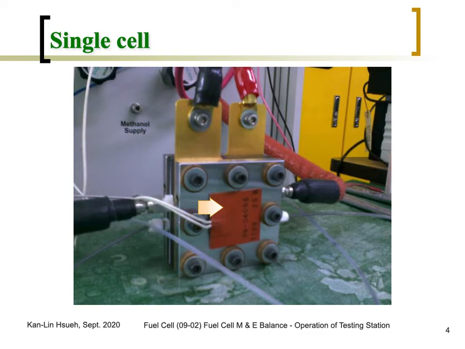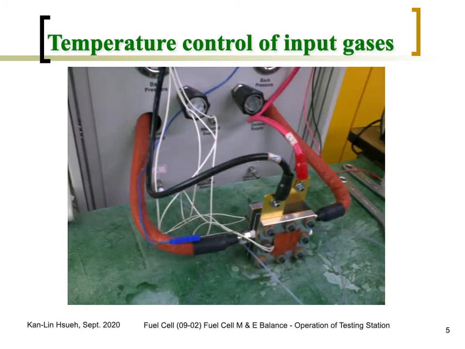So we need additional heat to keep the electrode at the operational temperature. Also over here we have the thermometer to measure the cell temperature. But we are only able to measure the temperature of the graphite or the end plate. Inside the MEA, we actually cannot measure. There's no way to measure that.